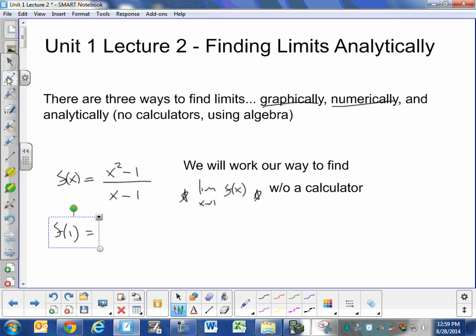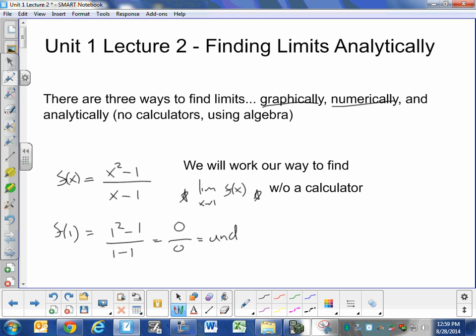Well, let's do it with x squared minus 1 over x minus 1. I get 1 squared minus 1 over 1 minus 1. That's 0 over 0. That is undefined. Cannot divide by 0. You can't even divide 0 by 0. Indeterminate. So no, the function value doesn't exist for this situation.